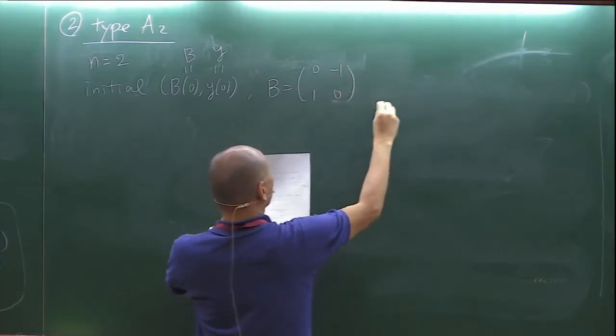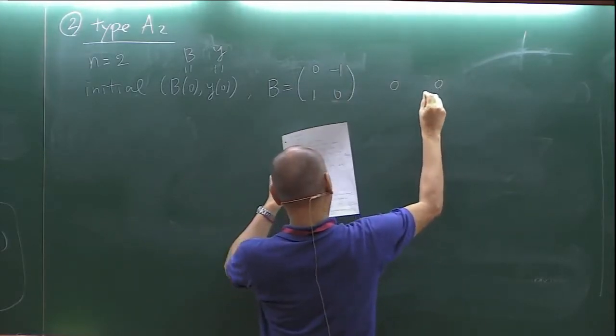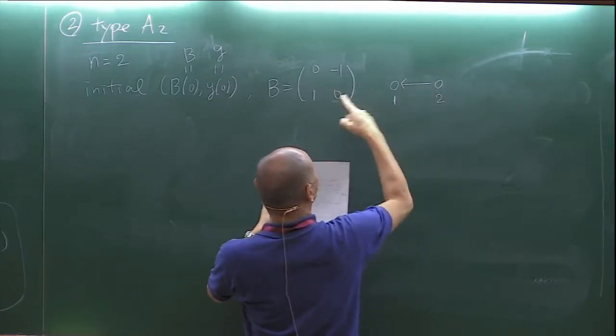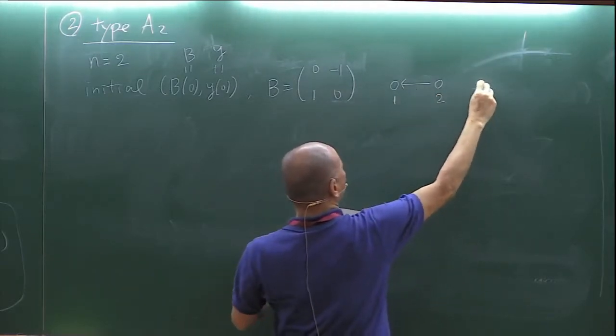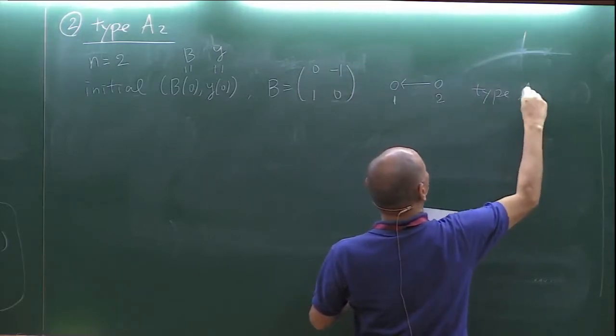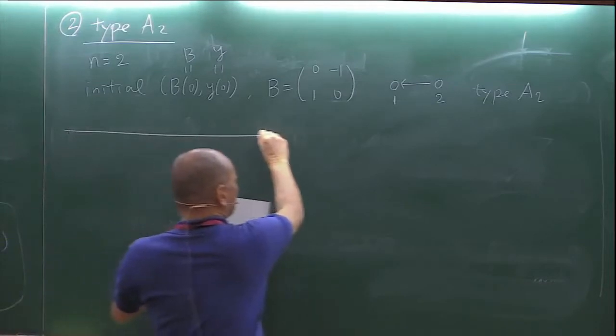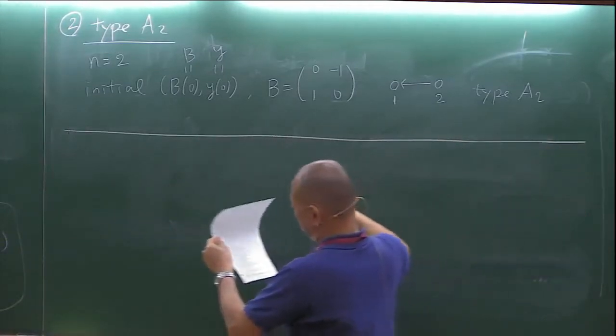So the one corresponding to type A2 in terms of quiver, it is to one direction. So this is the type A2 quiver. Yeah, and it's a good exercise to fill up those things.